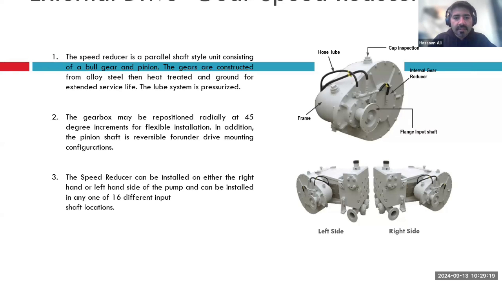Not much to discuss in the speed reducers over here. Essentially, it's a parallel shaft style unit, which means the input shaft right over here is parallel to your output shaft, which is right over here. It is at a 45-degree angle.